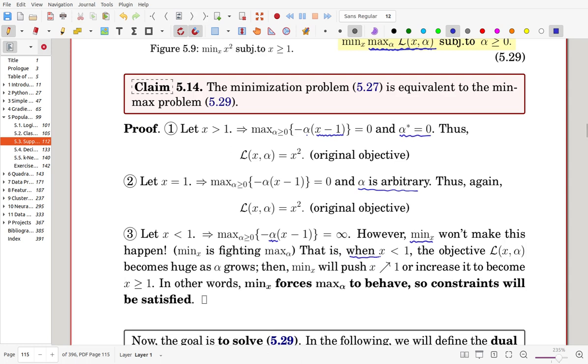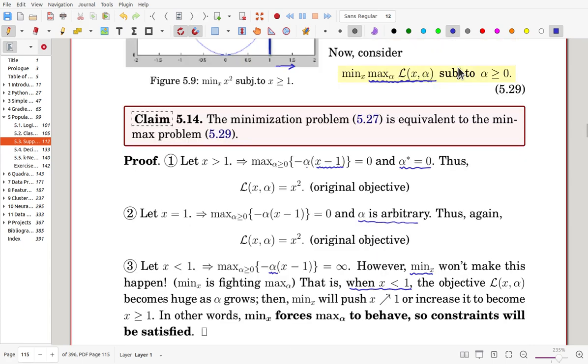When x is less than 1, the inside maximum blows up, so this min part will push x to become larger than or equal to 1, to try to increase the value so that it is over 1.